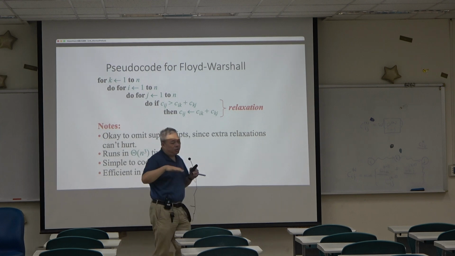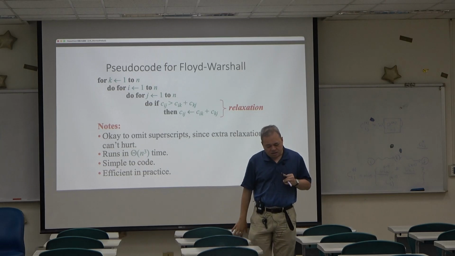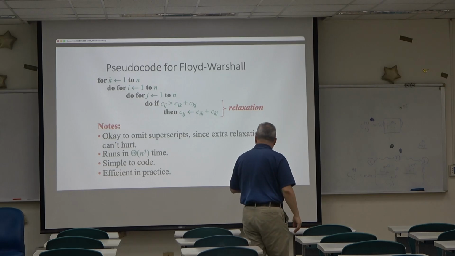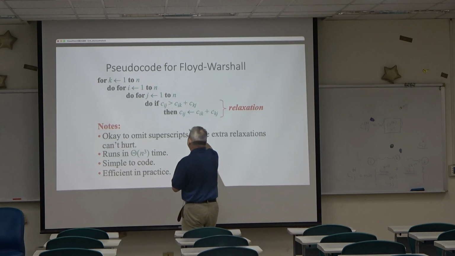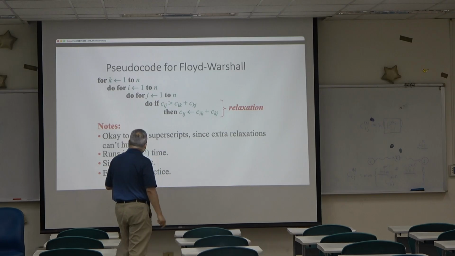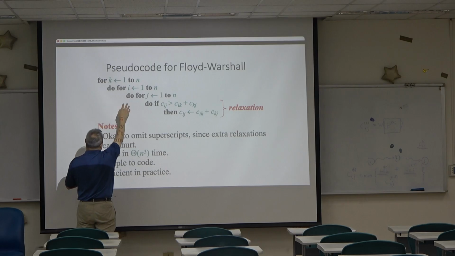So basically you are trying to construct C_i,j with a larger superscript. But you don't have to write down the superscript again because, regardless of whether you write the superscript or not, this loop will work the same way anyway. The superscript actually will be the outer loop, where k goes from 1 to n.